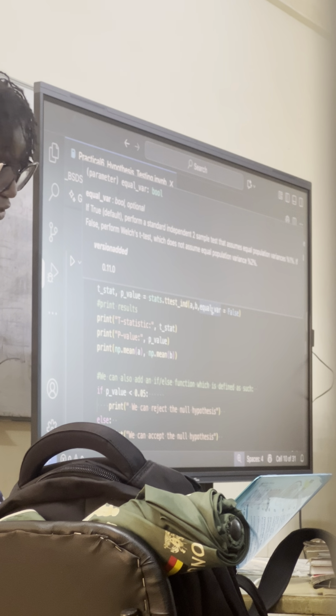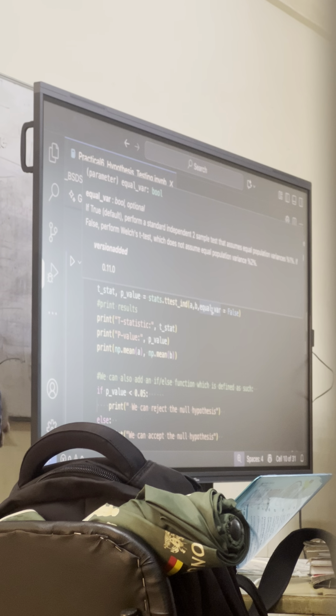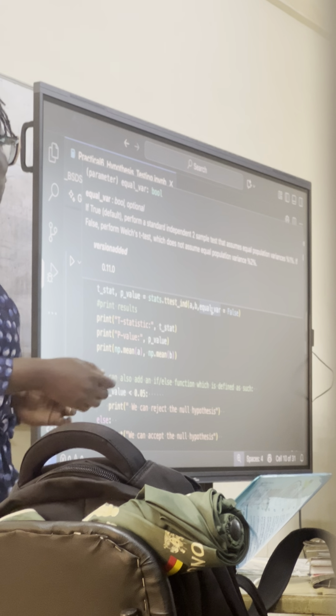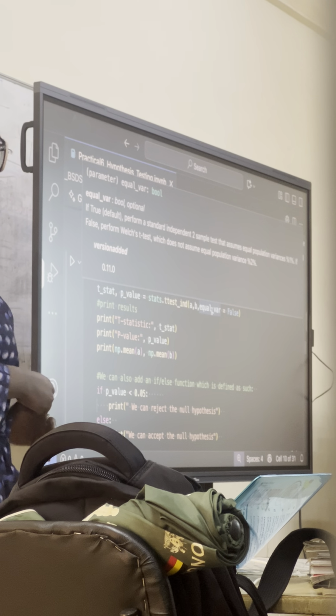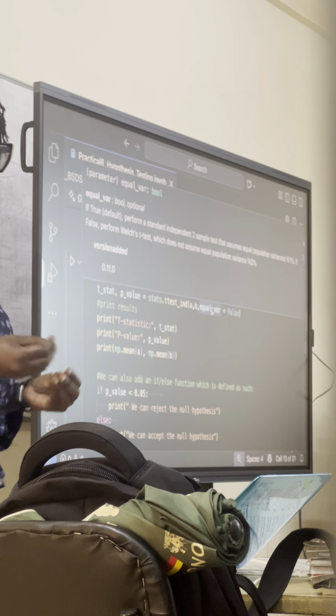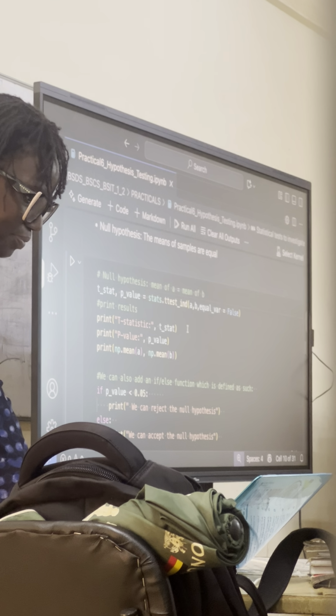This equal variance test will look at two independent samples, assuming that they have the same population variance. If they don't have the same population variance, you must carry out a different test. But we have just used random samples that have exactly the same population variance because they are normally distributed.